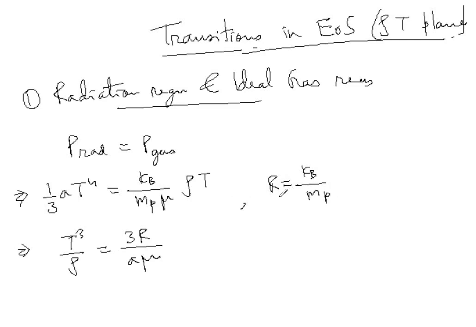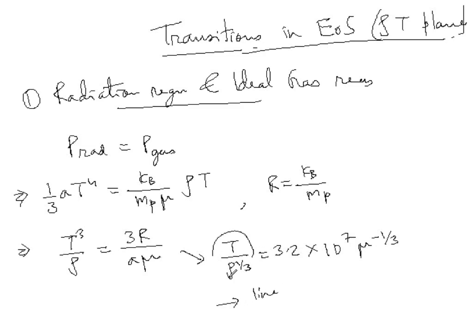Okay, so from here, look what I am getting: T by rho to the power 1/3 is equal to 3.2 into 10 to the power 7 mu to the power minus 3. So we have basically a line with slope 1/3 in the log T log rho plot.